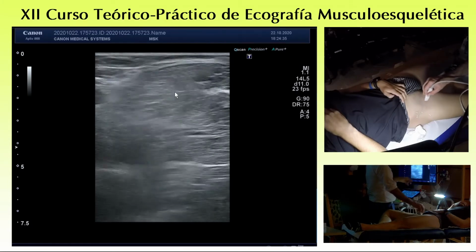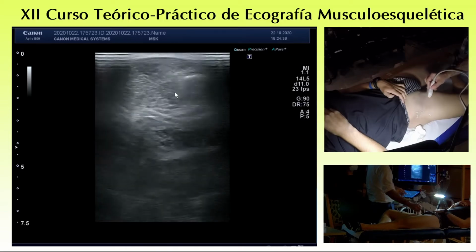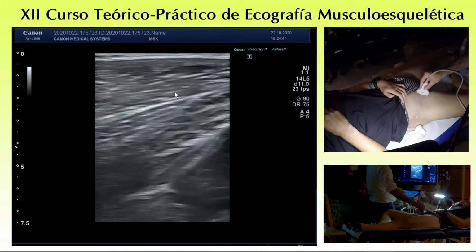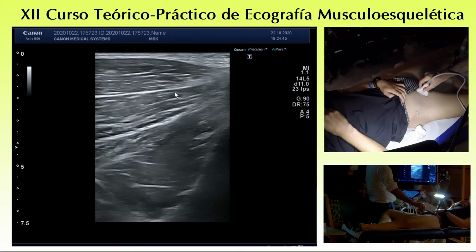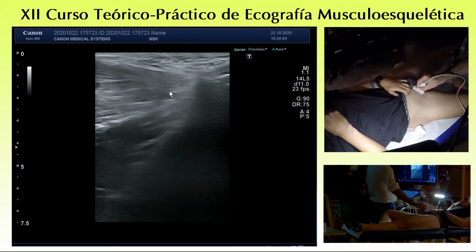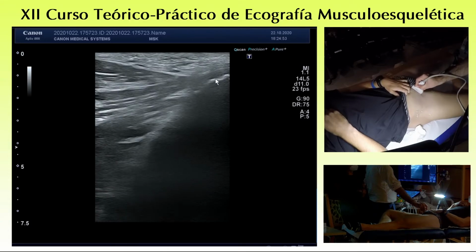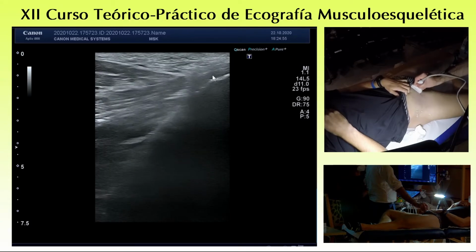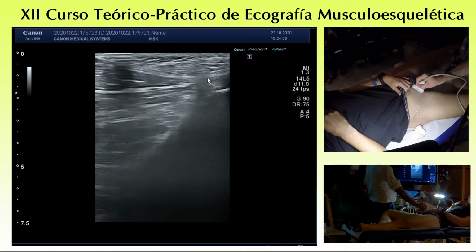While we are studying the adductor, just to show you a couple of things, I guess you know perfectly how to check for the insertion. Just remember that most of the insertion you see at this level is from the adductor longus.